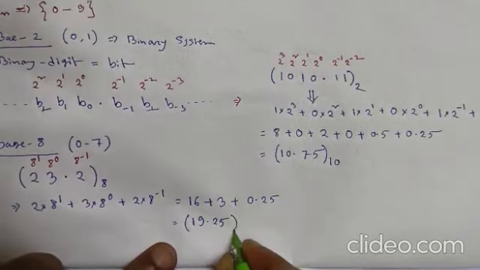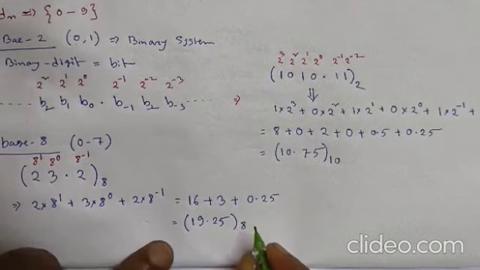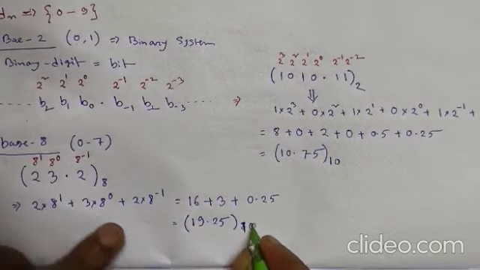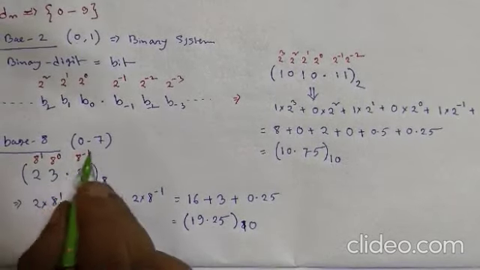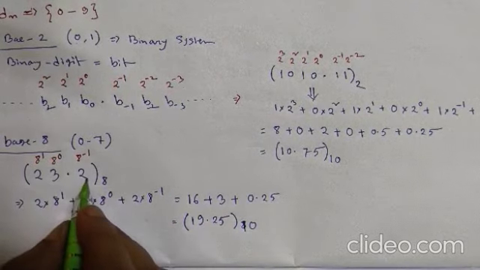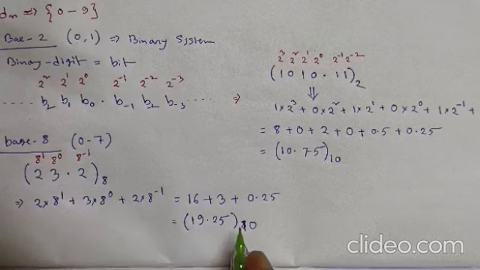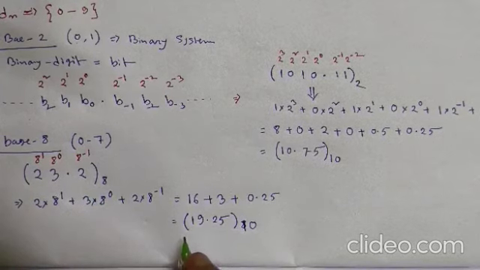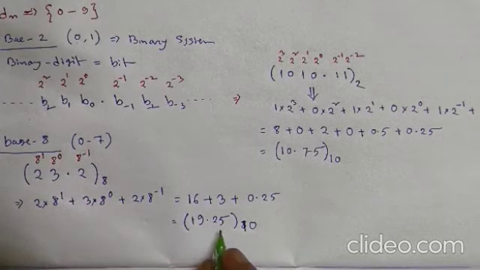So the octal number (23.2) is converted into decimal, and the decimal equivalent is 19.25.